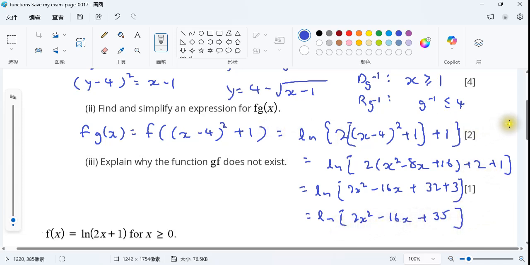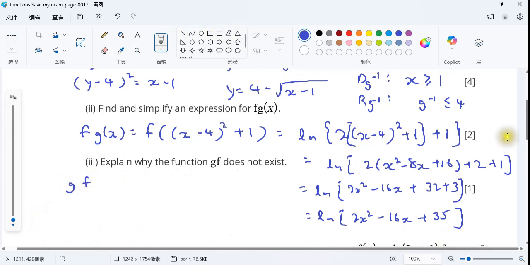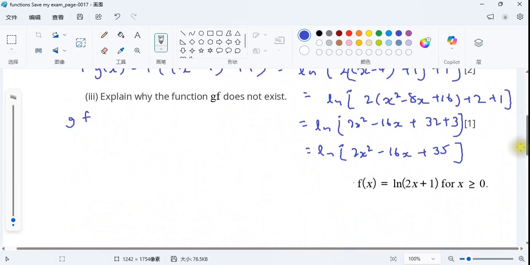So explain why gf does not exist. For g, we know that x is less than or equal to 4. But for f, x is greater than or equal to 0.